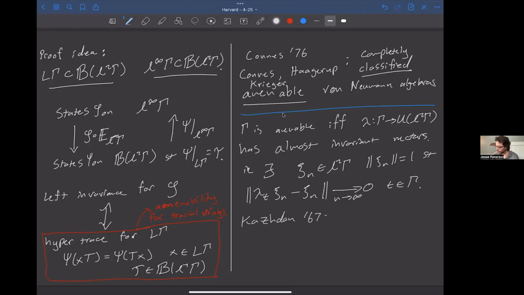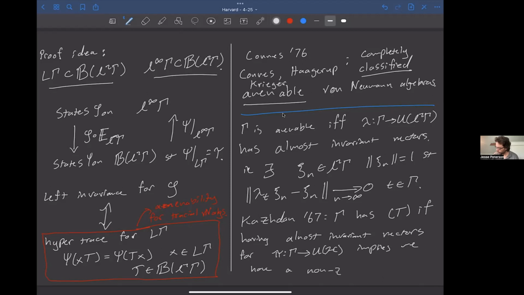So this is from '67, where he defined that gamma has property T if whenever you have almost invariant vectors, and this is for any unitary representation, that implies that we have a non-zero invariant vector. So that's the definition due to Kazhdan.